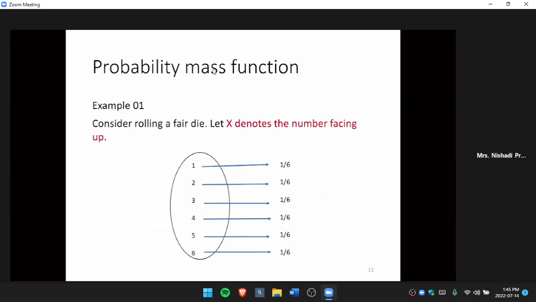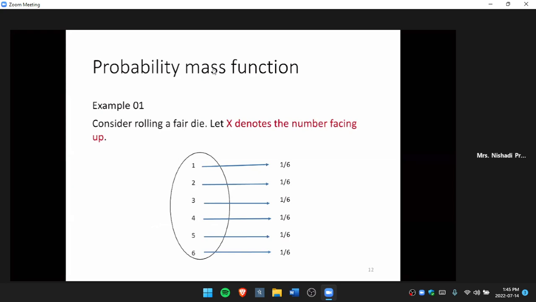Now consider this example. Consider rolling a fair die. How many sample elements are there, or what is the sample space for this case? If we roll a fair die, we can have 6 possible outcomes. It can be either 1, 2, 3, 4, 5, or 6, because a die has 6 sides.